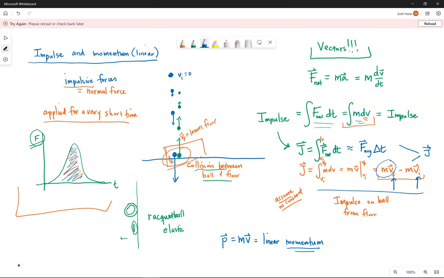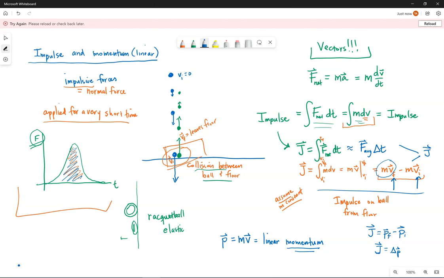So this equation up here for impulse, technically, we could say was final momentum minus initial momentum, or the impulse was the change in momentum. So this is another way of relating forces to motion, but it's limited in its application. We're going to talk about a conservation of momentum, but we cannot apply it to every single problem we ever see like we did with energy.